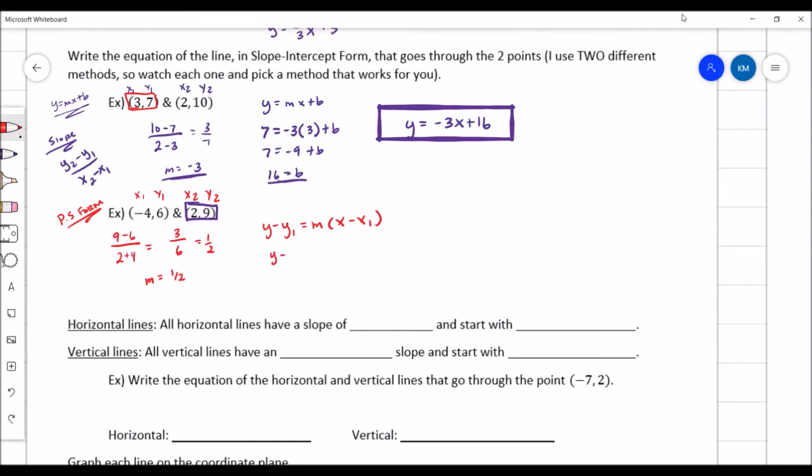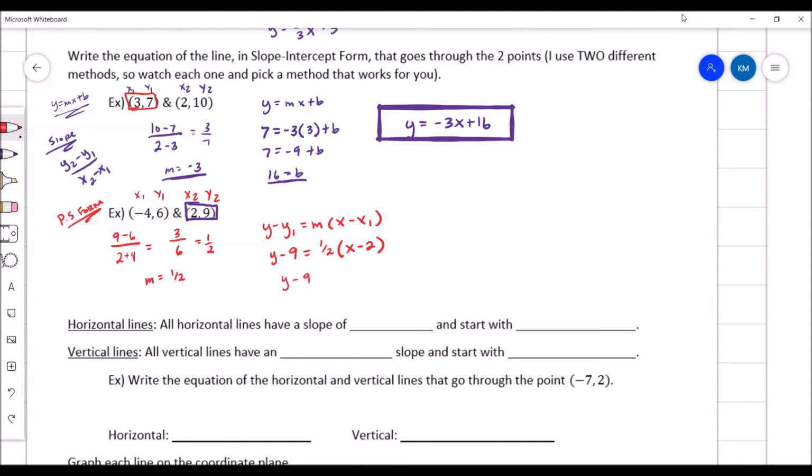Y minus, and my y1 is, where is that at? Oh, that's 9 because I used my y2. Equals my slope 1/2 times x minus 2. On this right side, I'm going to distribute.